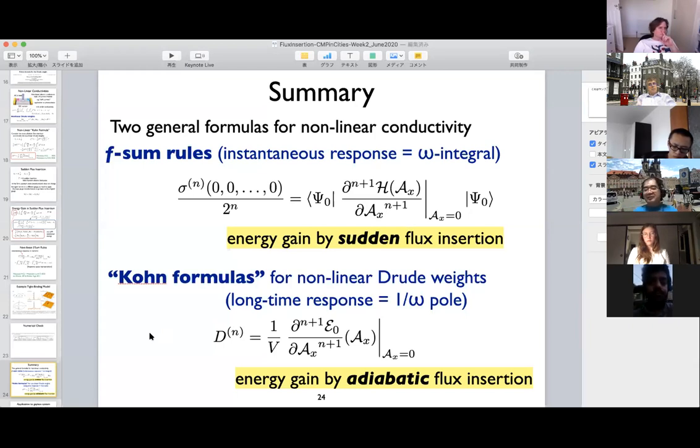Then basically by inserting the flux, you follow the eigenstate. So you track the change of the eigenvalue of the Hamiltonian. So corresponding to that adiabatic insertion, you must take the derivative of the energy eigenvalue as a function of the vector potential as a flux. So, this flux insertion business looks very simple and to some extent trivial, but there are still some new applications coming out. So thanks for your attention.